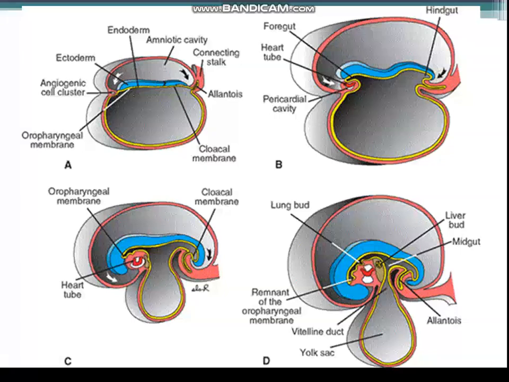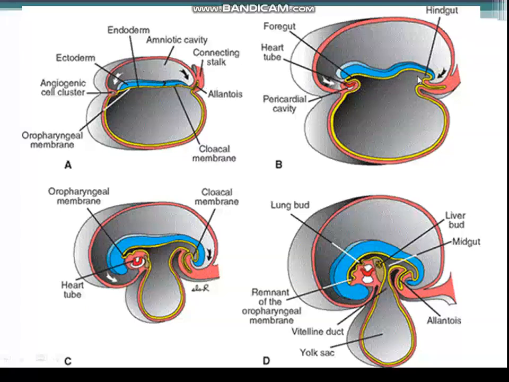We know that as a result of cephalocaudal folding and also lateral folding of the embryo, a portion of the endoderm derived from gastrulation, here the yellow color, is incorporated into the embryo to form the primitive gut.